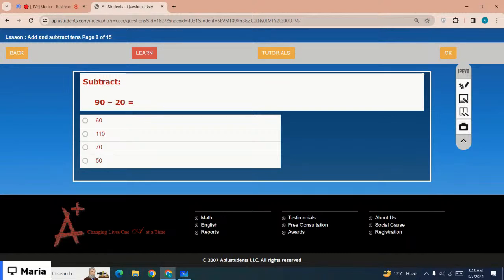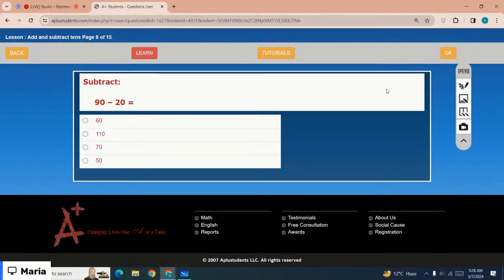90 minus 20. Yes, the correct option is 70. 90 minus 20 is 70.